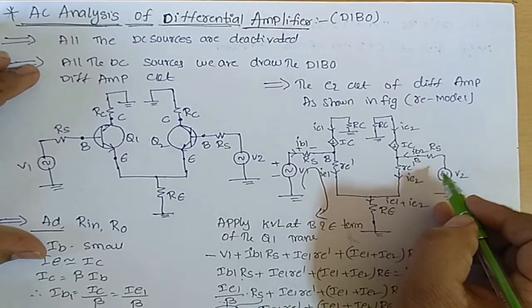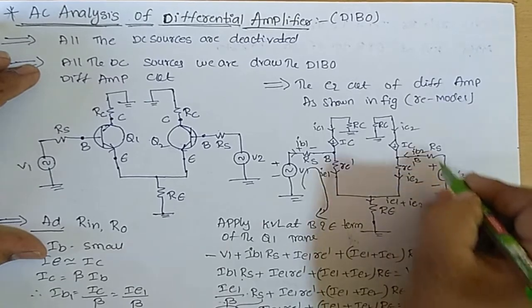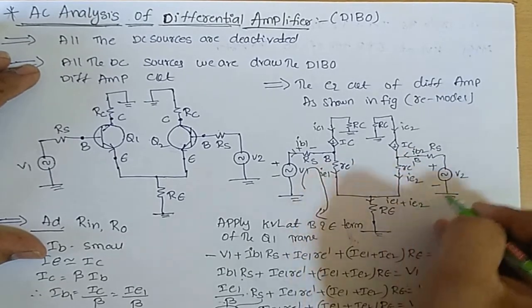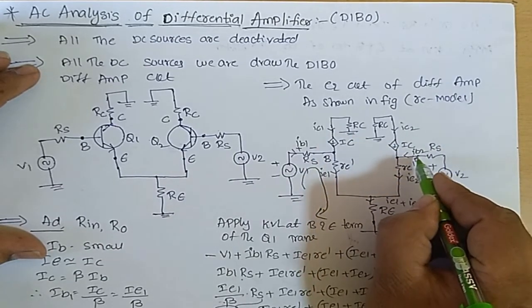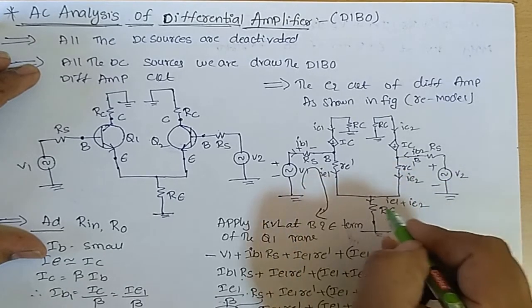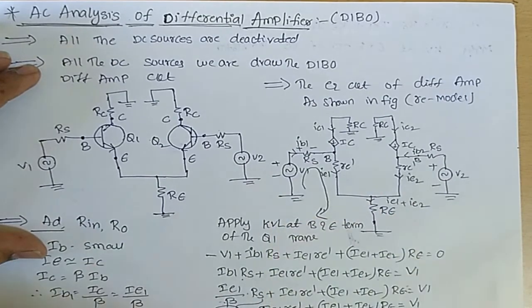As per our convenience, we indicate the polarities of this source, plus and minus, and the flowing current is IB2. Applying KVL, we get minus V2 plus RS into IB2 plus IE2 into Re dash plus (IE1 plus IE2) into Re equal to 0.